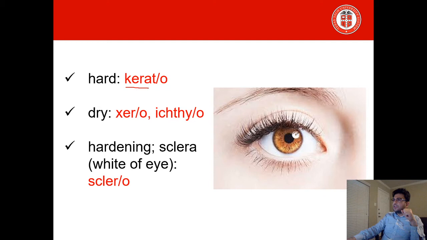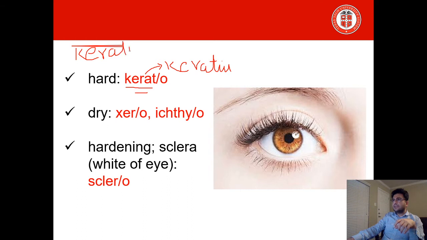Now, this word kerato comes from the protein, to be specific, keratin. So this keratin protein makes skin or surfaces hard. So there is a very common inflammation which is keratitis.